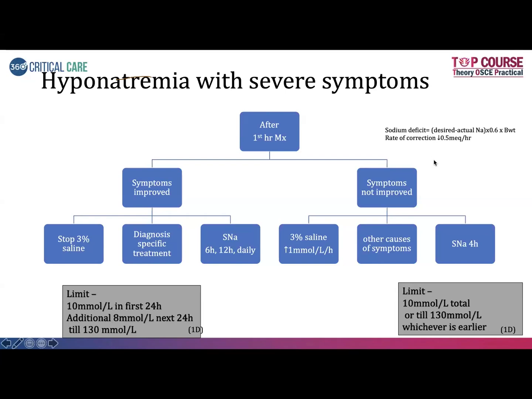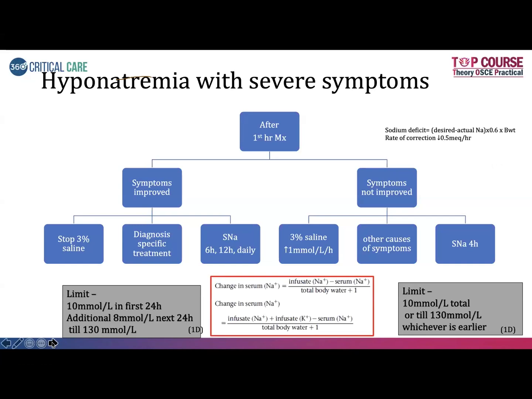And 1 liter of 3% contains how much? 530 milliequivalents. So you can calculate the desired volume of 3% that you need to give, and the rate of correction if you're targeting 10 milliequivalents per day, and how much rate you should give it, so that you can decide based on this formula and the content in the fluid as well as your duration of correction.